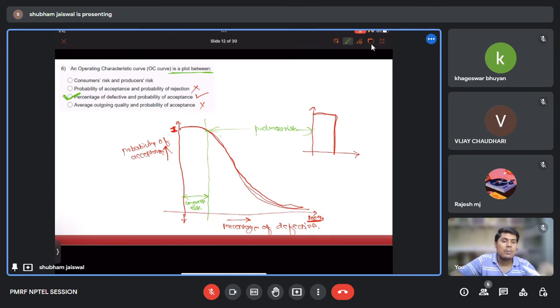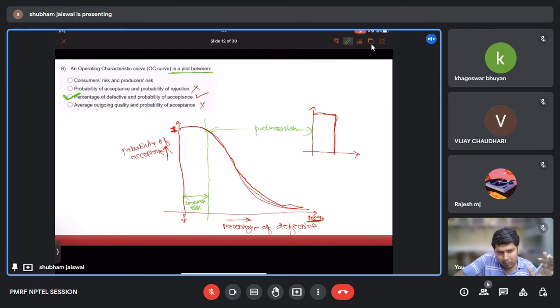I will not care much about whether the producer has put in defective items; I will just pick and select depending on that. Suppose I have selected that lot and all or most of it came defective. That risk will be borne by our customer. So it is our consumer risk.